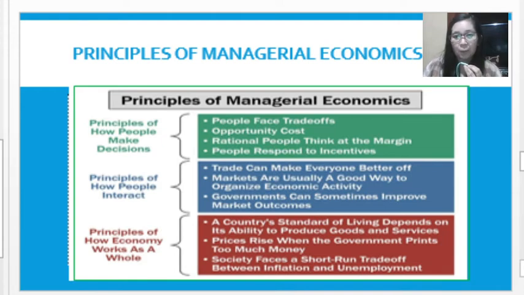The second is the principles of how people interact. And the third is the principles of how the economy works as a whole. So for the first part, the classification under how people make decisions.